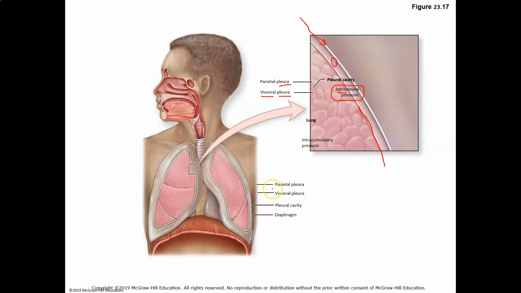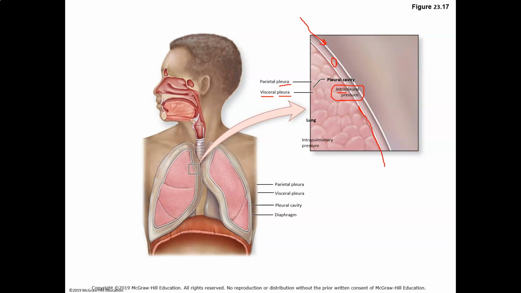What that does is that essentially sucks, if you will, the lung tissue itself, what's called the parenchyma. The parenchyma of the lung is sucked against the parietal pleura, and so it's held there. As long as you keep that intrapleural pressure in between there, you can breathe. If that intrapleural pressure is interrupted for any reason, the lung will collapse.